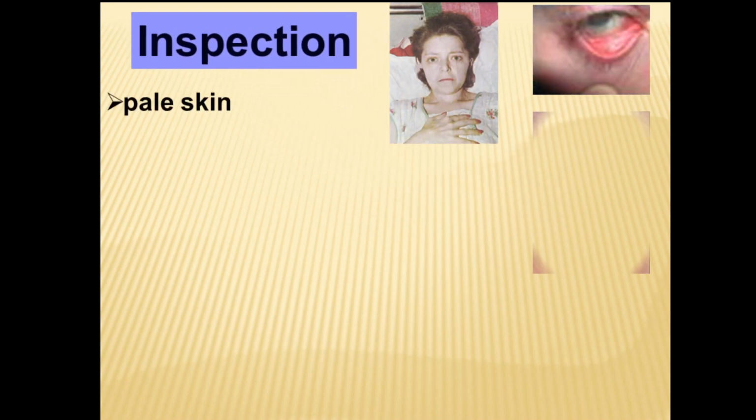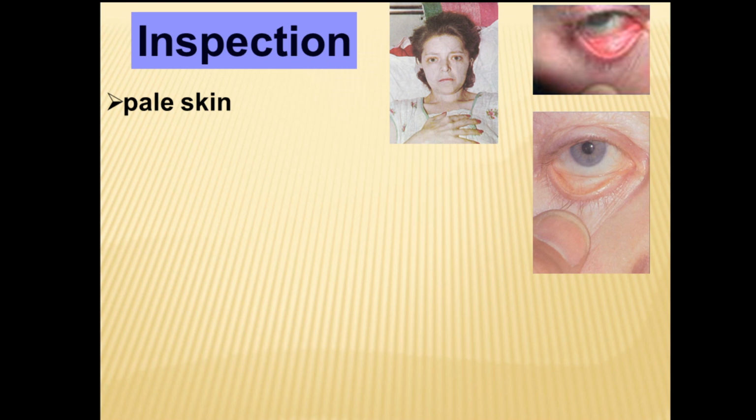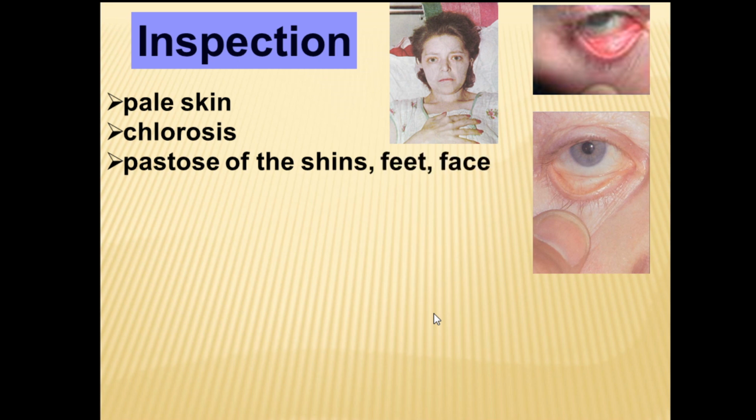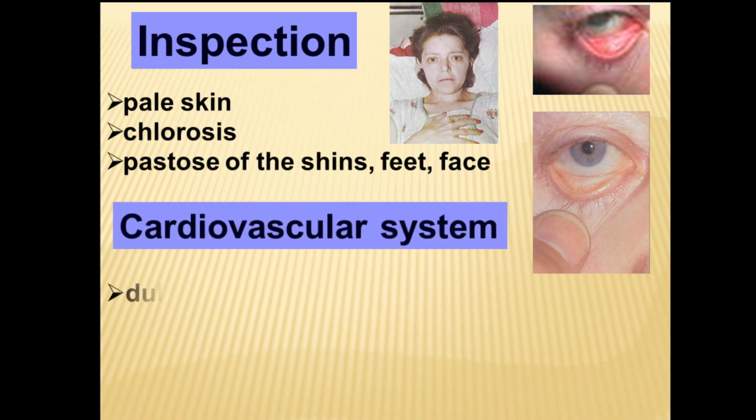On inspection, we pay attention first of all to skin color and mucosa, if you compare normal and anemic mucosa of the eyelid. The skin of the patient will be pale, sometimes with a light green color, chlorosis, sometimes pastosity of the chin, feet, and face. We will obligatorily pay attention to the activity of the cardiovascular system, which is manifested with tachycardia for compensation of hypoxia due to progressive myocardial dystrophy.